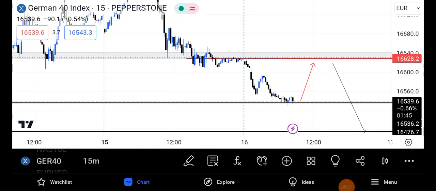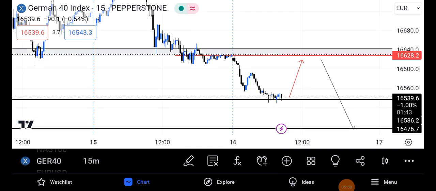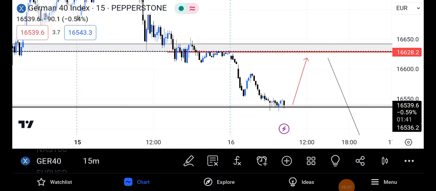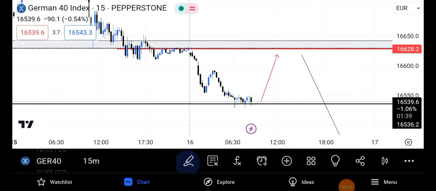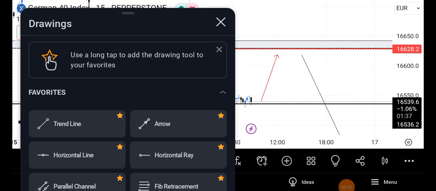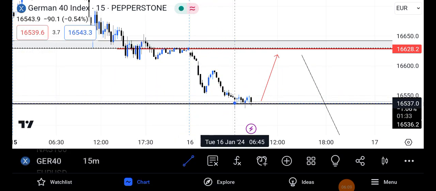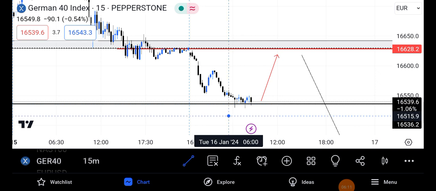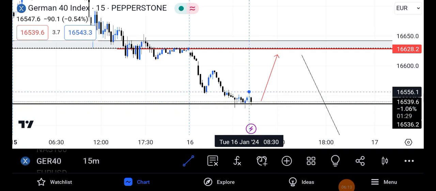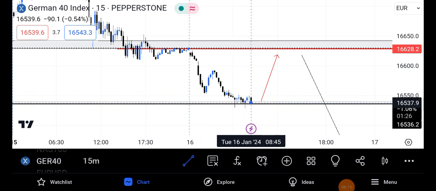We can see that on a smaller time frame we're having these nice wicks right here, and if you check those wicks, they look like pin bars. I have a pin bar right here, and another pin bar right here, and then you can see this nice retest right here.